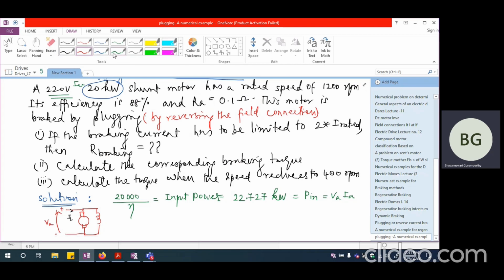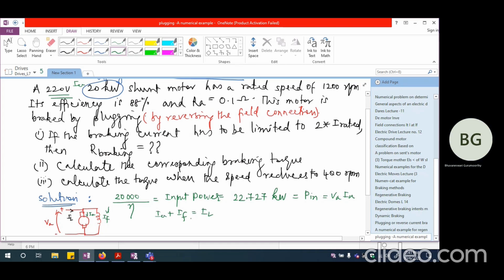I'm going to have IL as the summation of whatever is IA and this IF. So IA plus IF is going to be IL. But generally, I'm going to see that IF is much, much less than IA. So IF can be neglected.